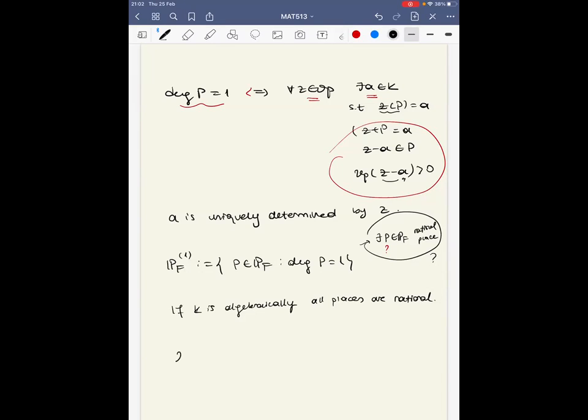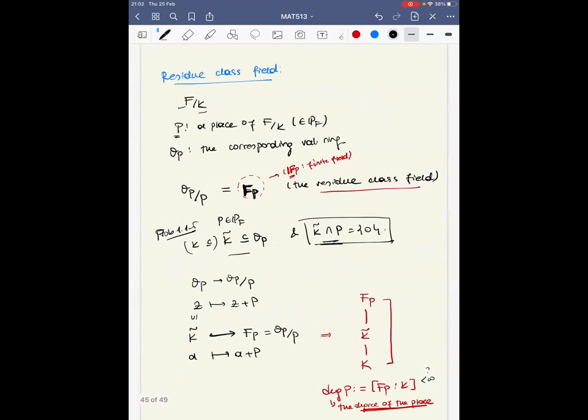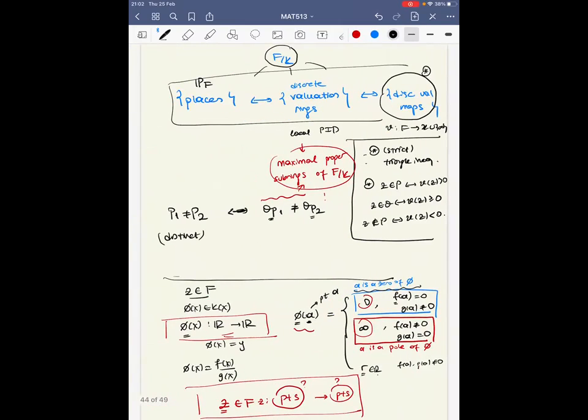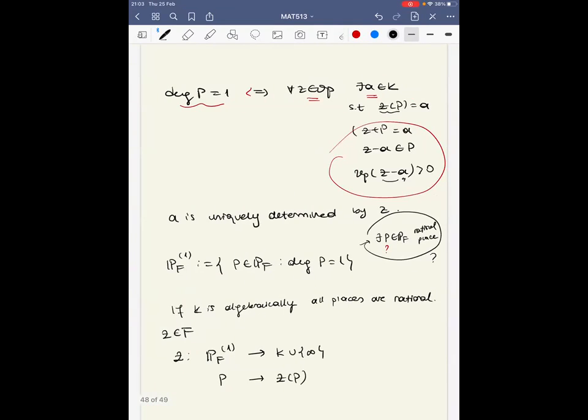And then in this case, we can read an element in F as a function, in the sense that, in this example, the points will be the rational places.